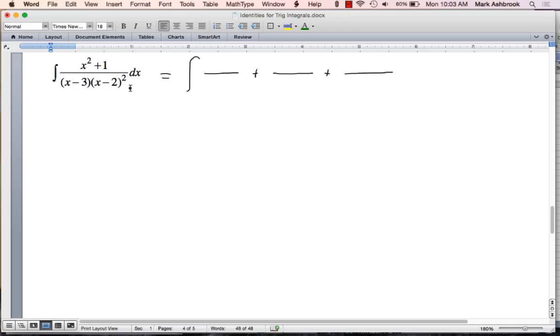All right, so x minus 3 is certainly 1. And x minus 2 squared is certainly 1. But this doesn't include another potential factor that could be part of this decomposition.